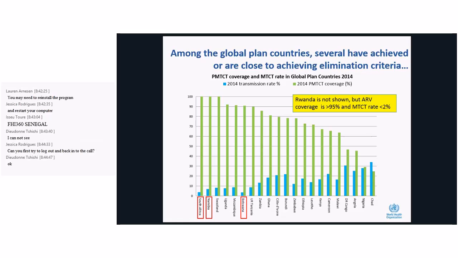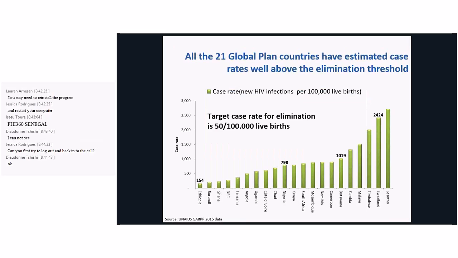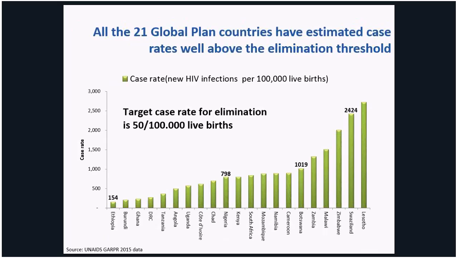But let me remind you that one of the important criteria for defining elimination is the case rate criterion of fewer than 50 new cases of HIV per 100,000 live births in the population. Next slide. And if you look at the estimated case rates in the global plan countries, you'll see that for almost all of the global plan countries, the case rates are well above the elimination threshold. Next slide.